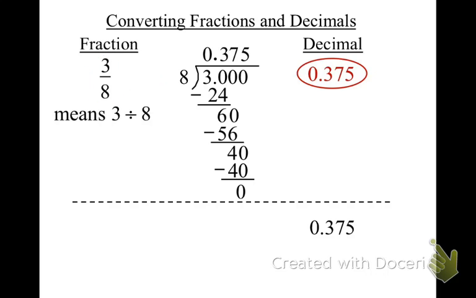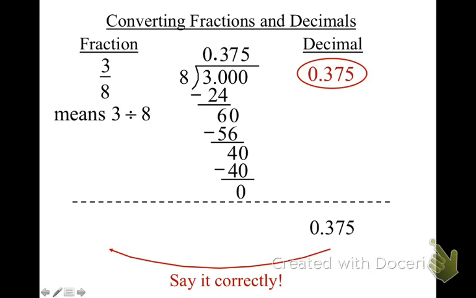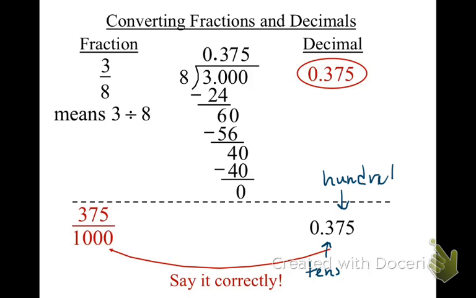Now, we have this decimal. How do we say this decimal correctly? Because I just said 0.375. It's actually 375 thousandths. Why? Because of the place. Tenths, hundredths, and thousandths.